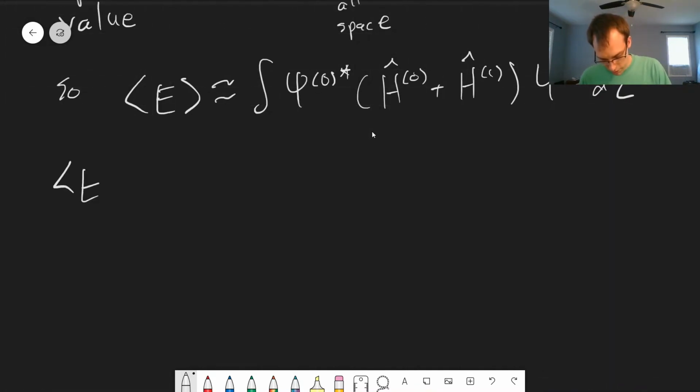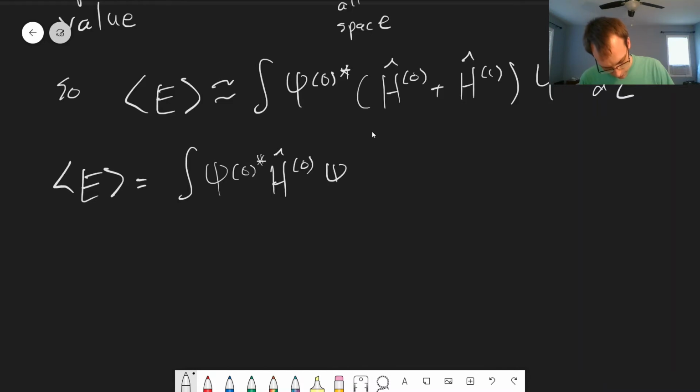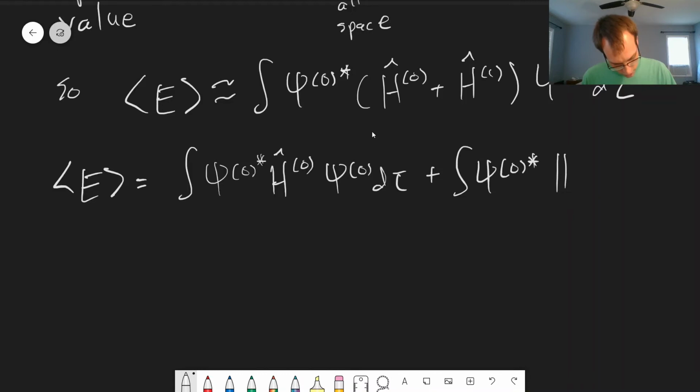So we'll have our first term, the energy is equal to the integral of psi 0 star H0 psi 0 d tau, and then a second term that involves the perturbation, psi 0 star H1 psi 0 d tau.